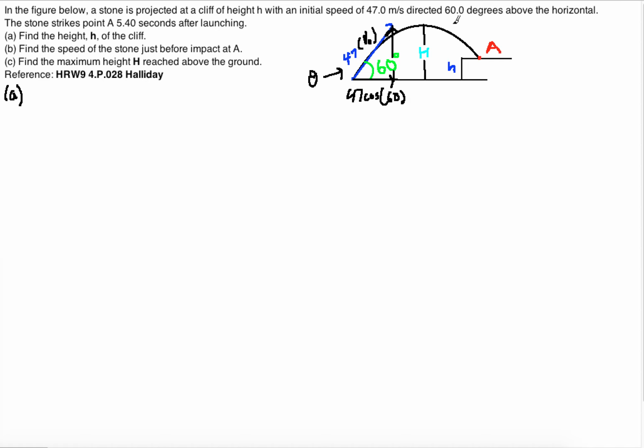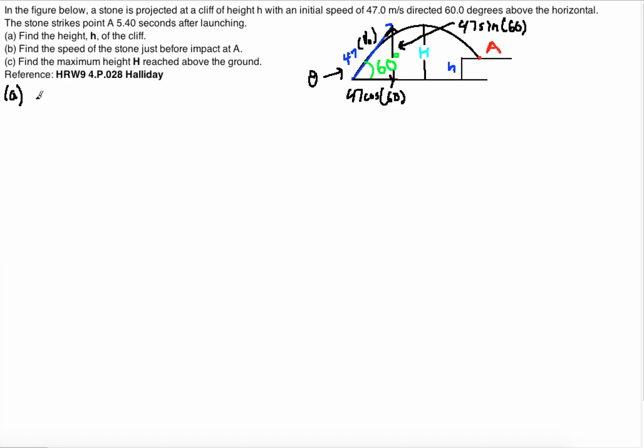And then you get the y component, which is 47 sine of 60. So now that we've split V naught into components, we can evaluate our equation.